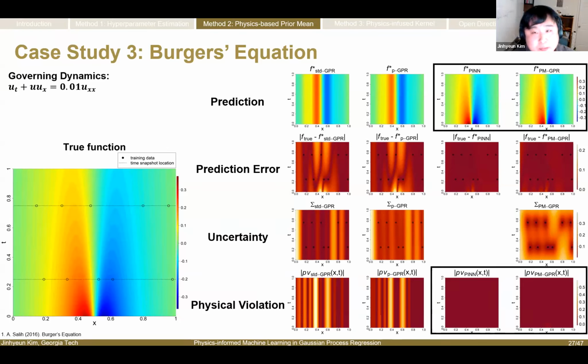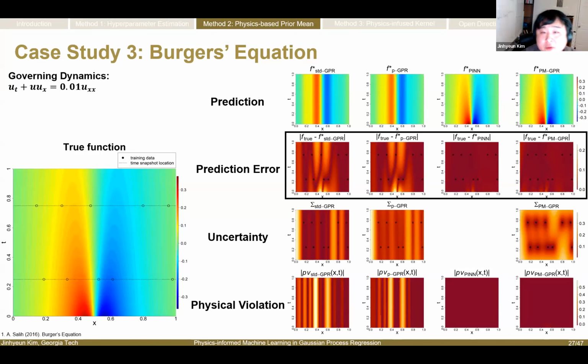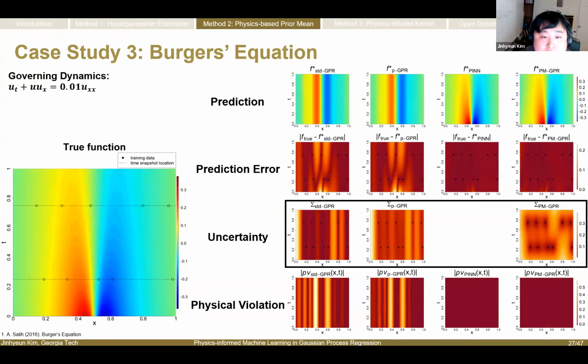First, when you look at the black box, both PINN and PM GPR can successfully reduce the violation of physics and reduce the overfitting problems when compared to the standard GPR or GPR with a penalized MLE function. Here we see some interesting observations for the uncertainty. This is the 95% uncertainty interval, the black box right now.